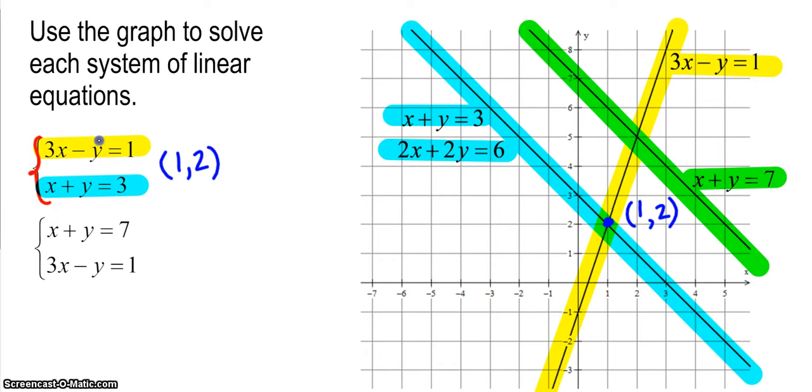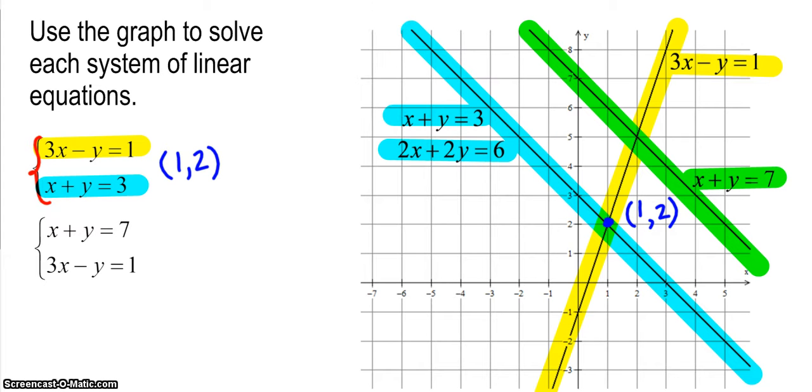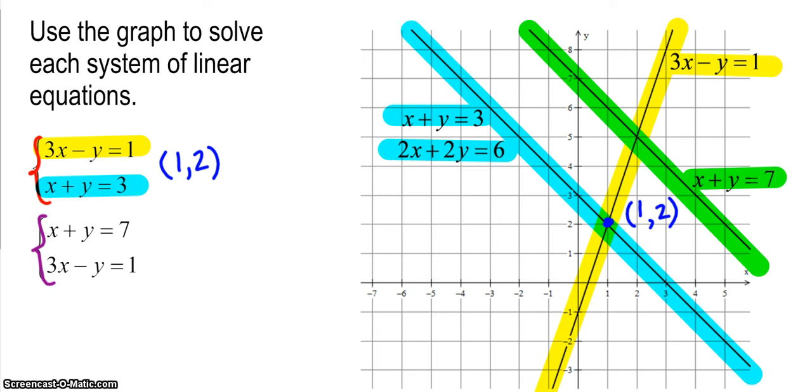The next system that we have is this system right here, x plus y equals 7 and 3x minus y equals 1. The color coding really helps. The x plus y equals 7 is that green line, and 3x minus y equals 1 is the yellow line.